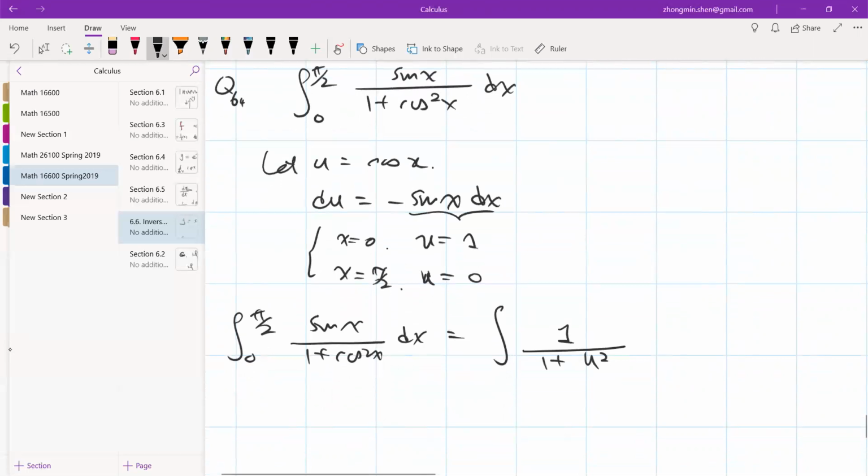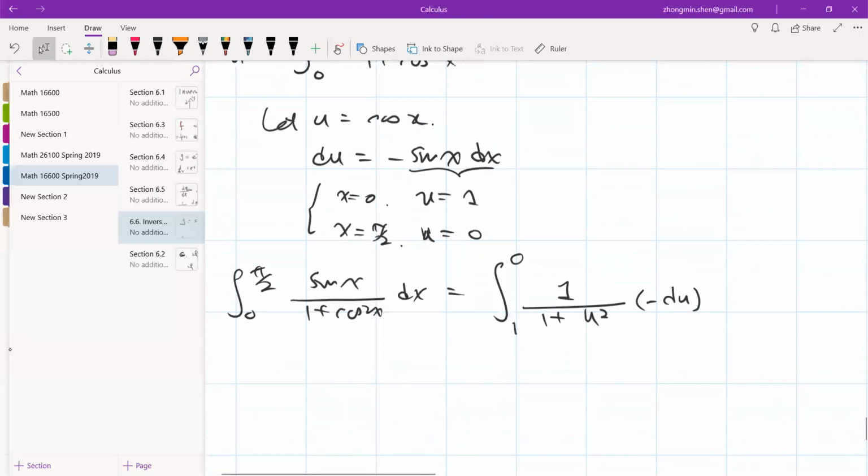Sine x times dx is this part, which will be negative du. But when x equals 0, u is 1. When x equals pi over 2, u is 0. That's okay. Now, if we interchange the limits, you get a positive sign.